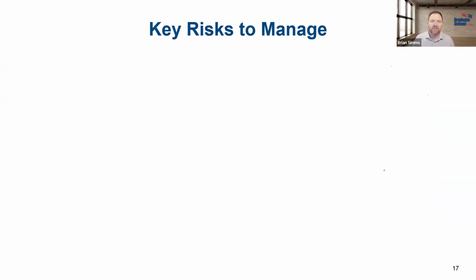So there's a couple key risks to manage. I see we've got about 11-ish minutes left. I'll try to go a little bit faster because I have quite a few slides left still. Everything we've talked about so far assumes that this has been designed responsibly, but I want to talk about what will keep that responsibility intact.